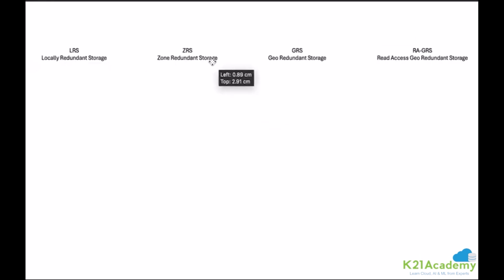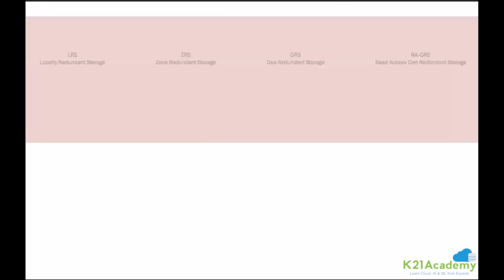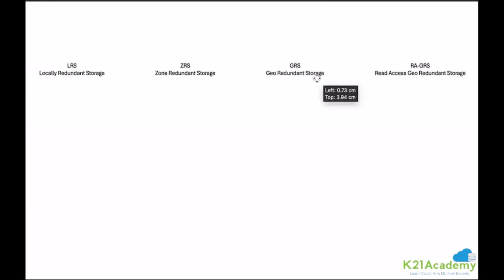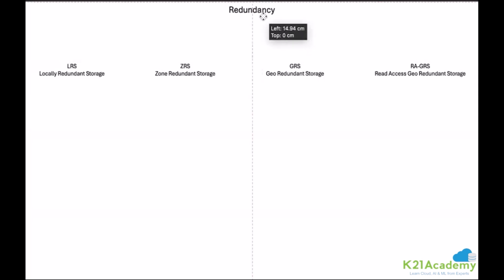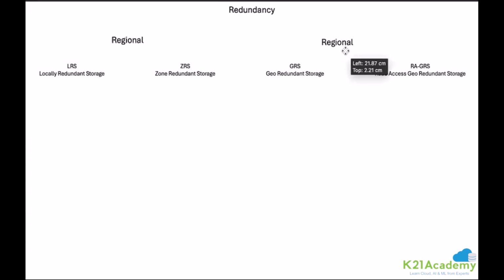Now, when we are talking about redundancy, we always look for 2 types of redundancy in terms of data storage, right? One is at region level, which is regional, and the other you can call global or multi-region.